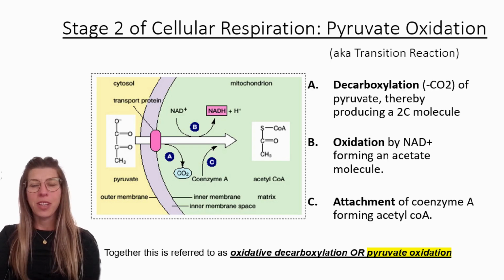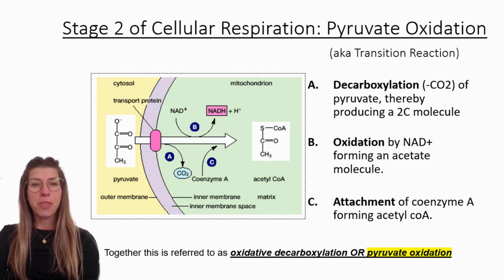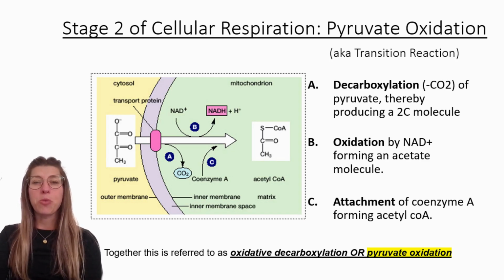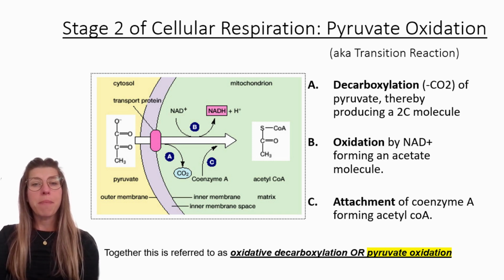So now it's losing another carbon. It's being decarboxylated along with the 2 oxygens, and it's formed into the 2C molecule. Then oxidation happens. In B on the diagram, you can see that NAD+ comes in and it forms an acetate molecule because, through redox reactions, that molecule is losing an ion to NAD+, making it NADH.